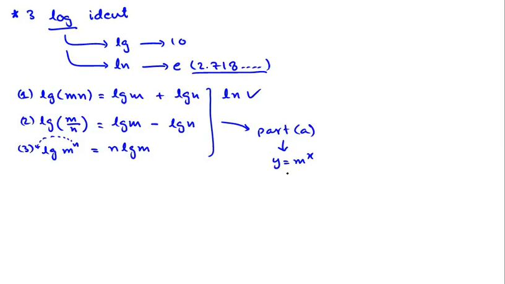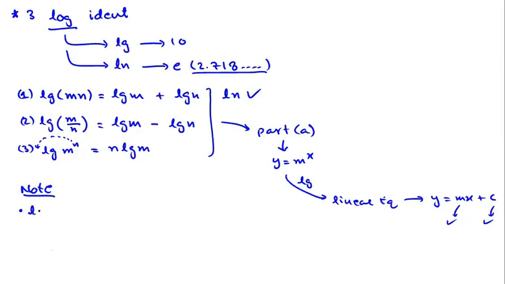So in such situations, we use logarithmic identities to form from this equation a linear equation first, and then we bring that linear equation to y equal mx plus c form so that we can determine the expressions for gradient and y-intercept, right?